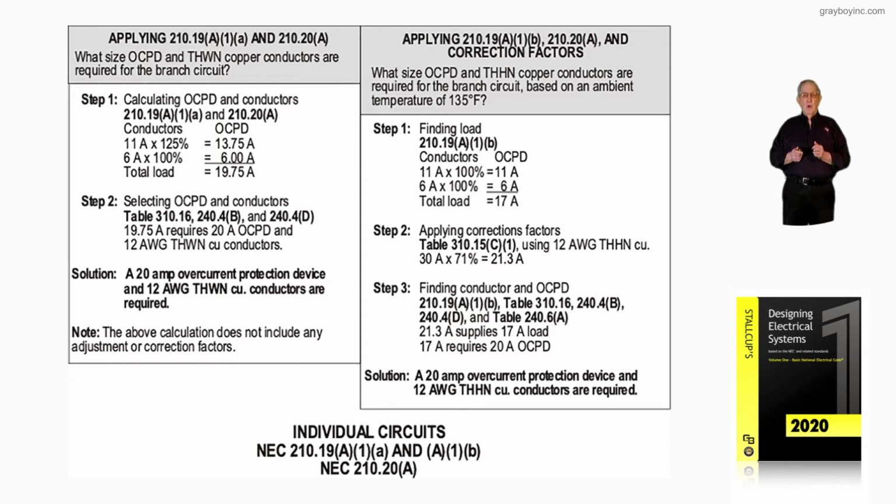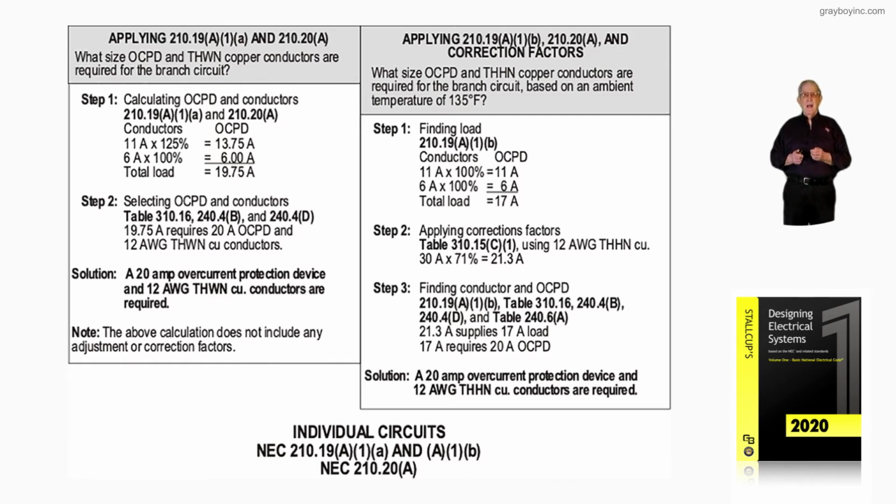Now, notice everything in step one in accordance with 210.19(A)(1)(b) is taken at 100%. Continuous load, non-continuous load, even demand factors. If we have demand factors, say we had a demand factor of a certain load of 65%, well, that'd be 65% of the total load times 100%. That's what this step one is illustrating. So we come up with 17 amps, as I quoted to you, as the connected load in step one to the illustration to the left.